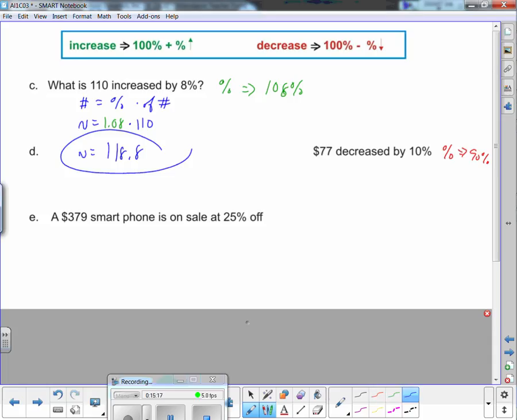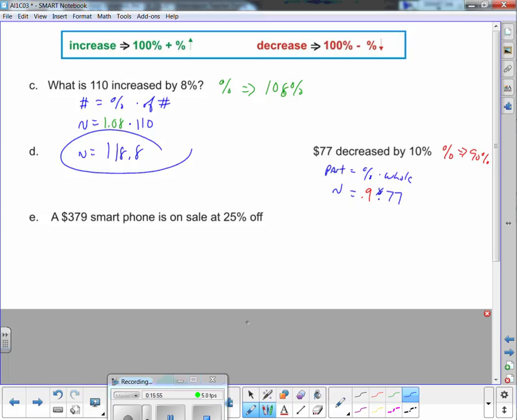And again, number equals percent times the of number, or part equals percent times the whole. None of those may make you feel comfortable, but the reality is you're solving for the number in these. Hopefully you all agree the percent is then 0.9, and the of number is the $77. I'm going to leave my dollar symbol in my math so that I remember to finish with the dollar symbol.